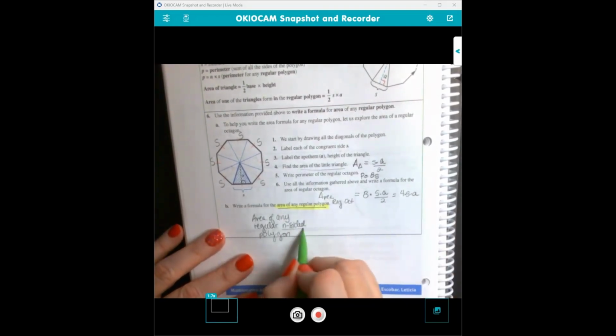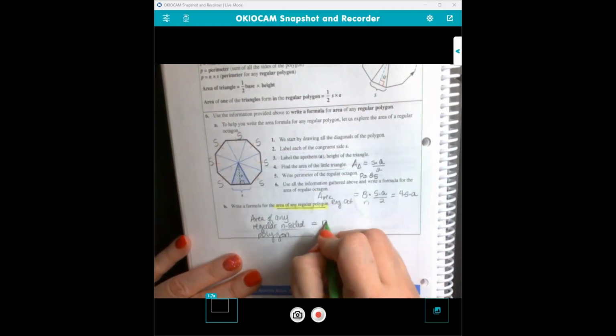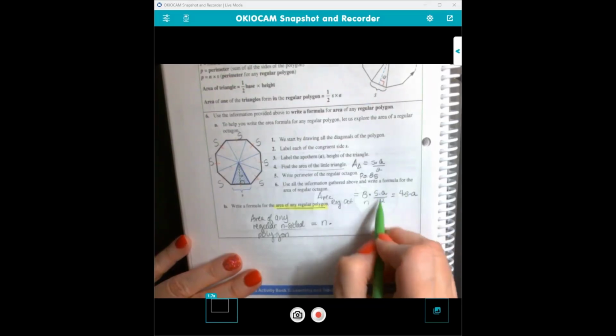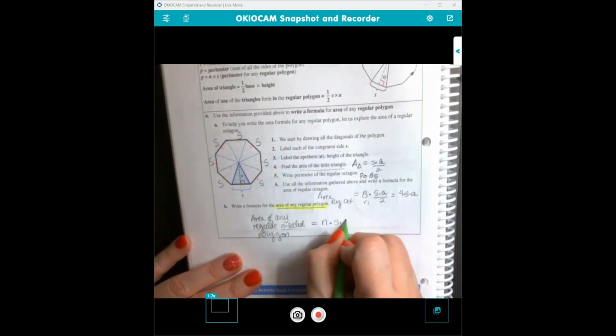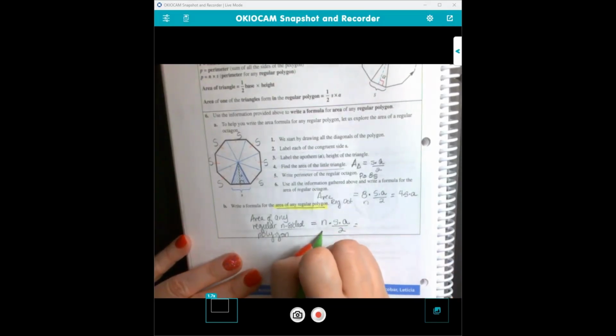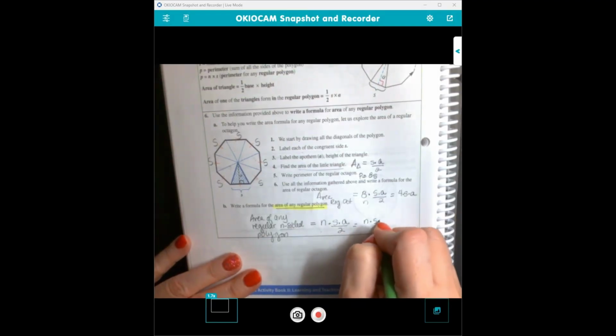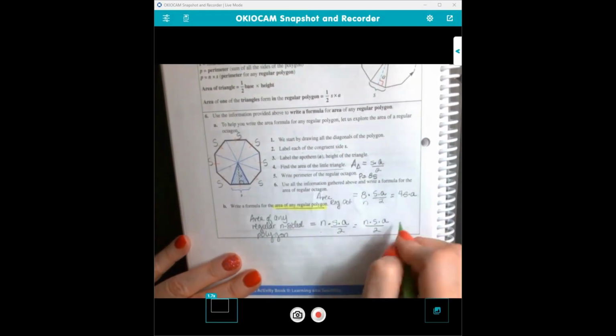That's why I put the n, so we can just n-side it. So that's going to be equal to, remember, 8 was n, times the sides, we can rewrite the same way: S times A divided by 2. Since everything is multiplication, I'm just going to put n times S times A divided by 2. Okay?